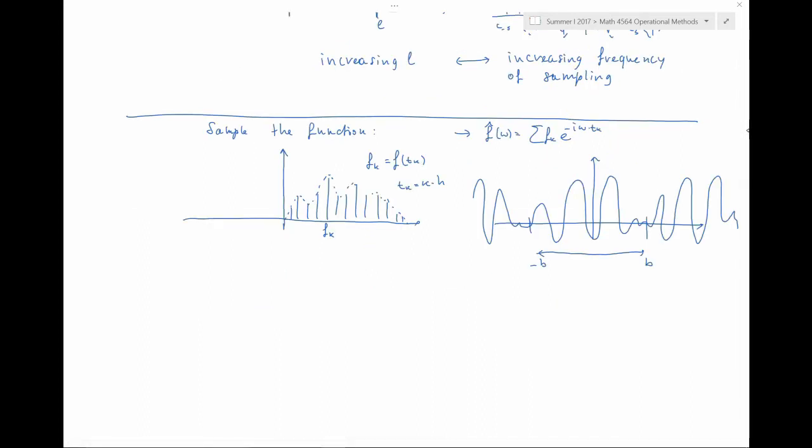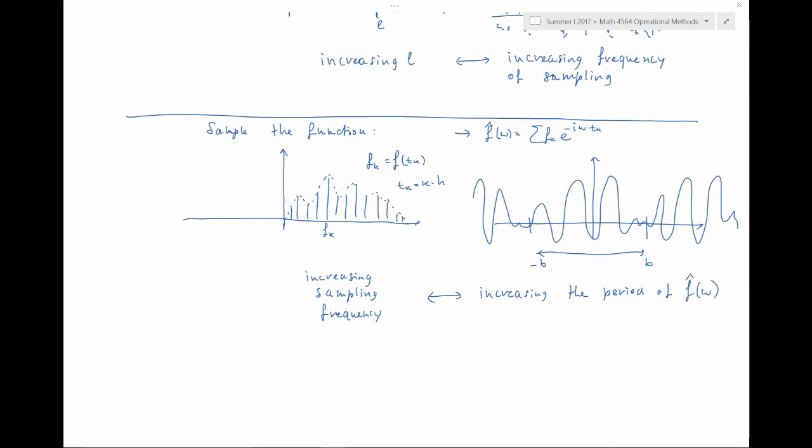And the period will depend on the sampling frequency. So increasing sampling frequency means increasing the period of f hat of omega.